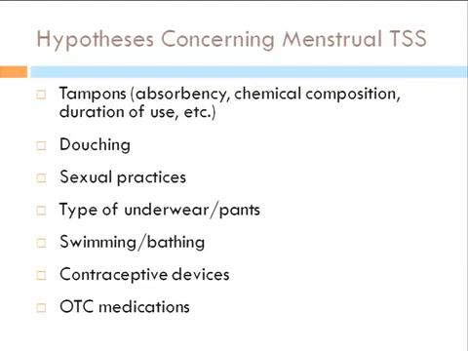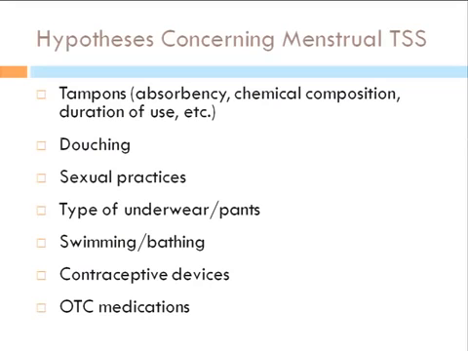Whereas if it was the chemical composition, if it was an exposure to chemicals, what would you expect to see? Yep, but if they were using the same type of tampon. Maybe, but what you might also expect to see is that actually if they change them more often, you would get more exposure to the chemical, right?